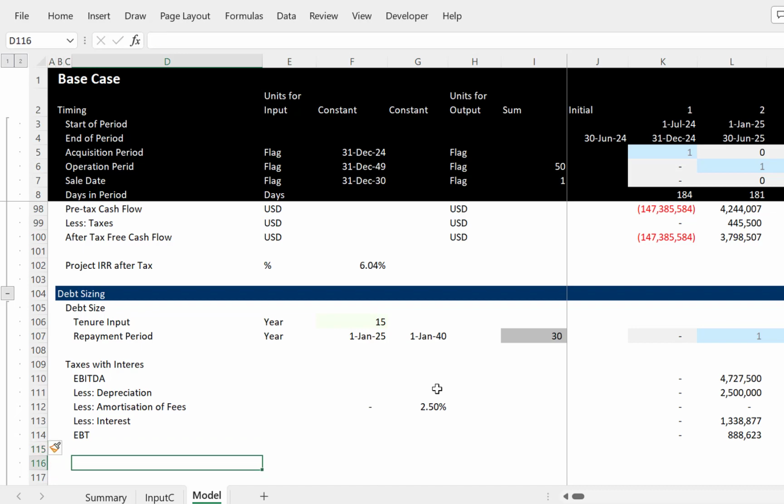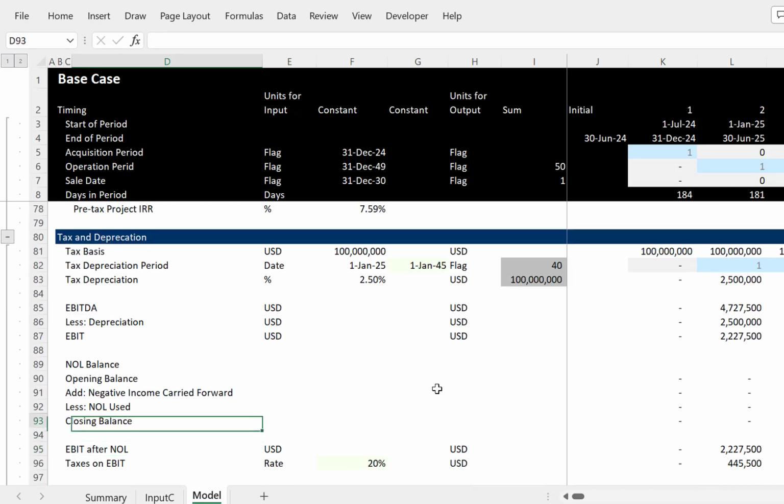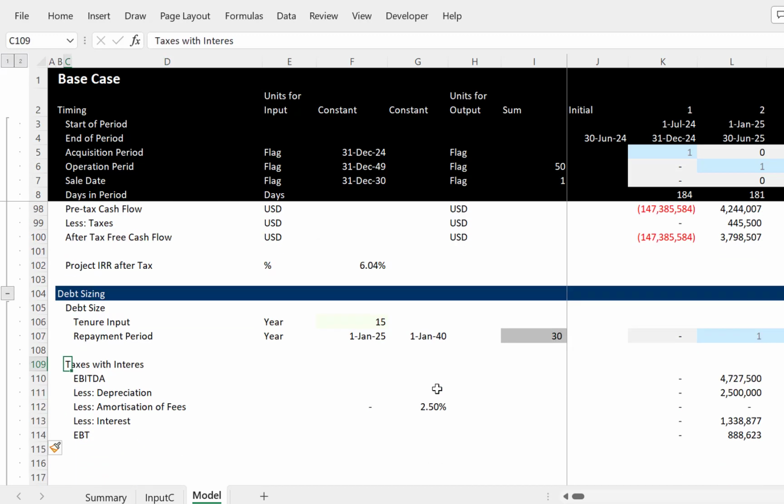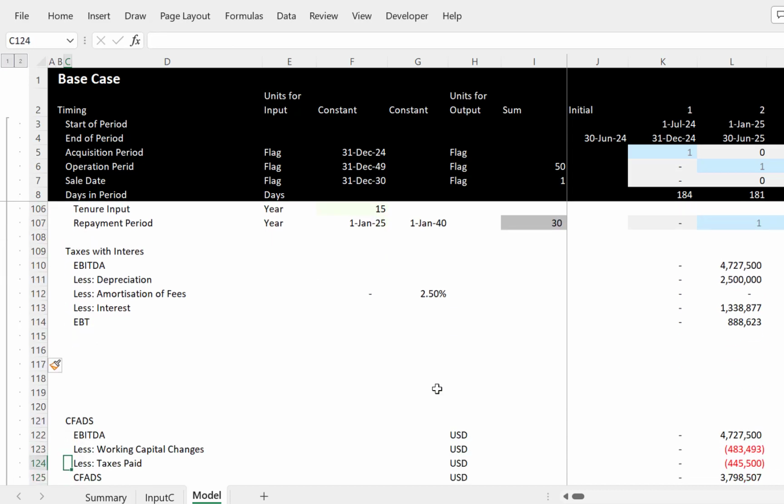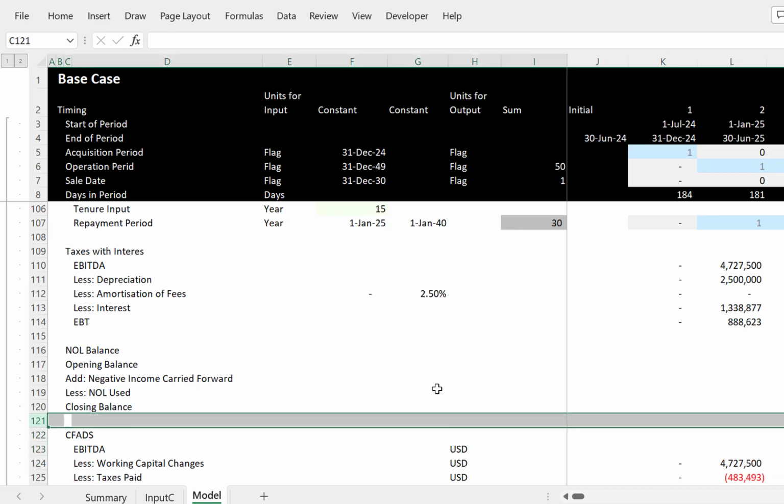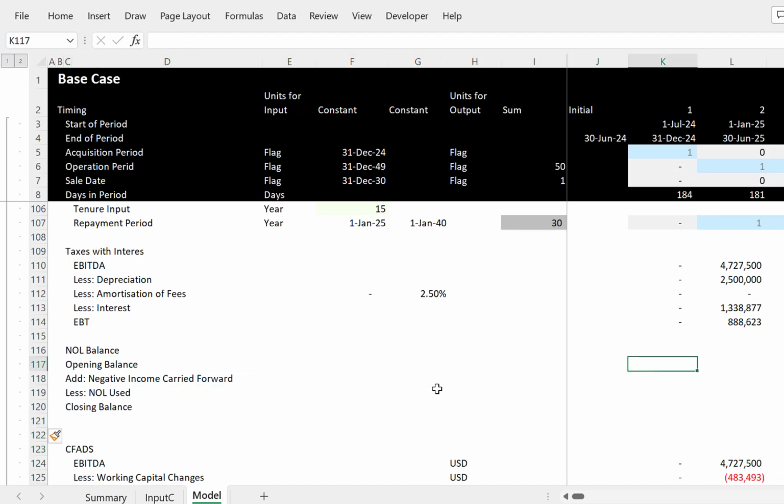Why don't we just take a copy of our titles? Okay. Opening balance equal closing balance equal maximum of the minus of our. Why isn't this minus now?